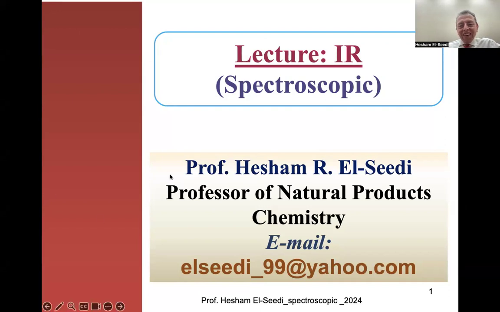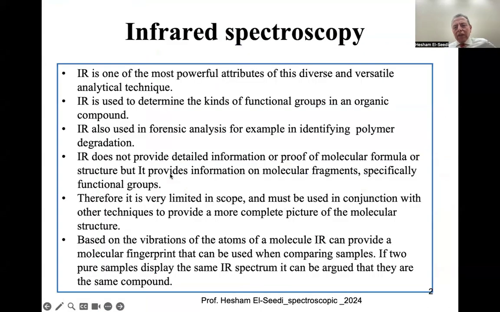So what about IR or infrared spectroscopy? This is a powerful technique which is used in analytical chemistry, but especially to determine the functional group. It can also be used in polymer degradation and some other classes, but mainly the functional group.